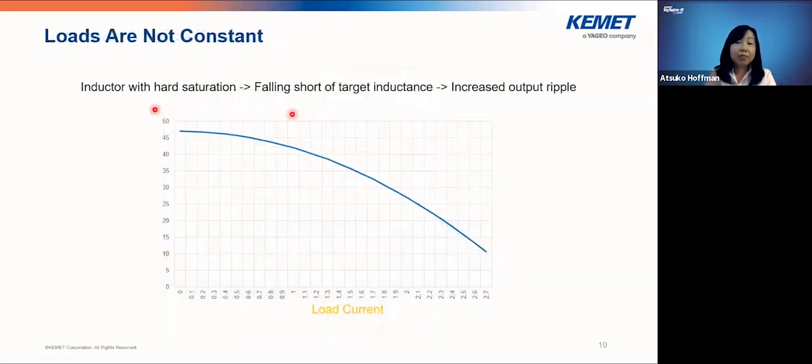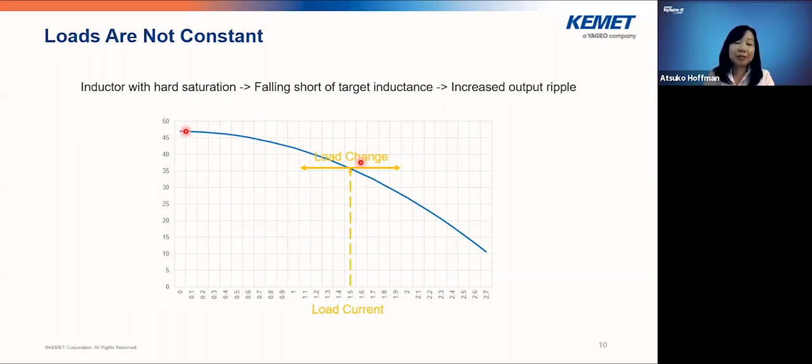Now, in most applications, loads are not constant. You see light load, mid load, and heavy load, and you may move back and forth in your application. If you're using a ferrite inductor that has a hard saturation profile like this, and you are using the inductor in the saturation current region, the changing current may result in an inductance drop, and the drop may be quite a bit.